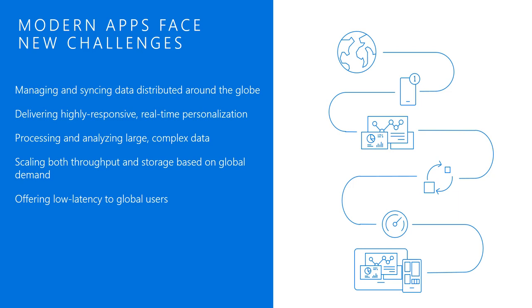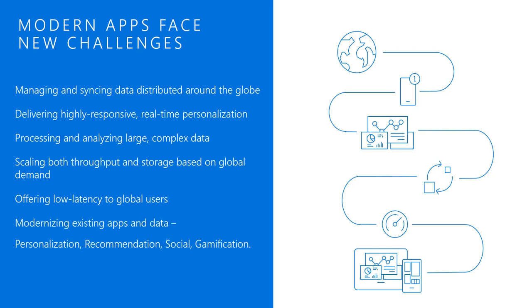Anything beyond a couple of hundred milliseconds is too slow and you are at risk of losing the customer. All these modern apps have to have personalization, recommendation, social integration, and gamification. All this needs a massive amount of data which has to be processed almost in real time.